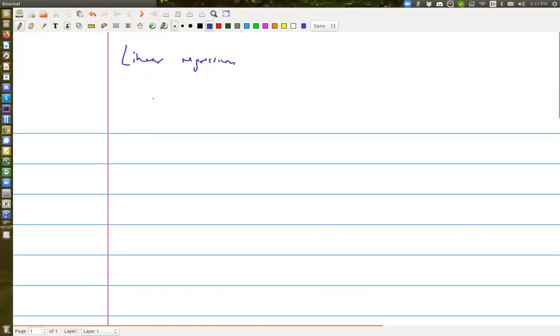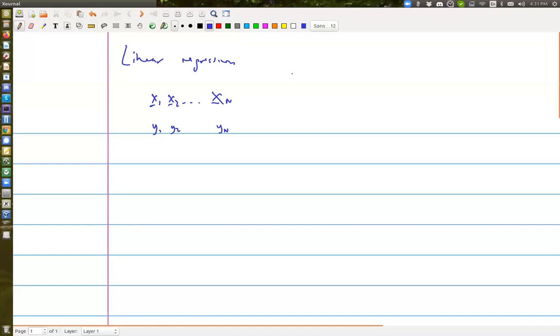Let's say I have input vectors x1, x2, up to xn, n samples here, and they have 1D desired outputs y1, y2, and so on, yn. And we want to fit a linear model.